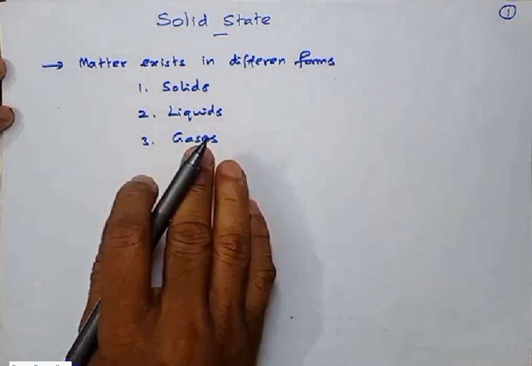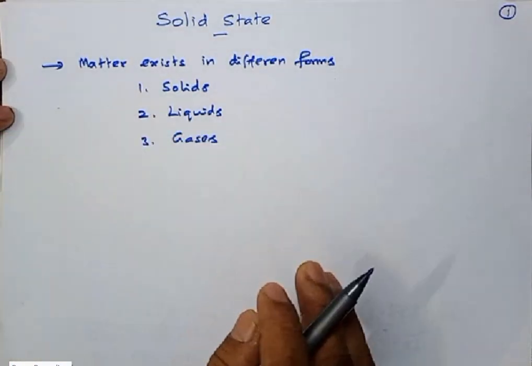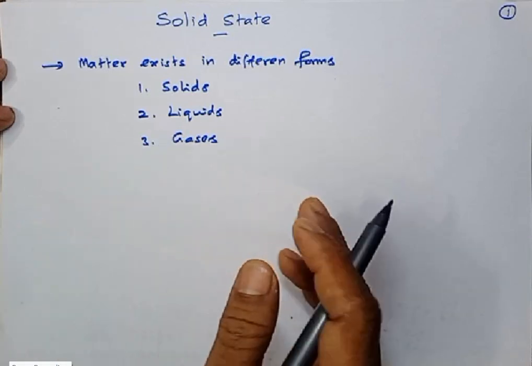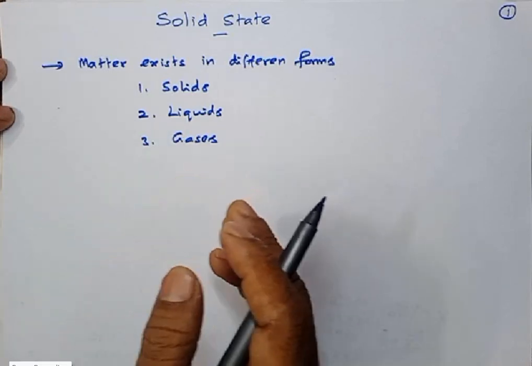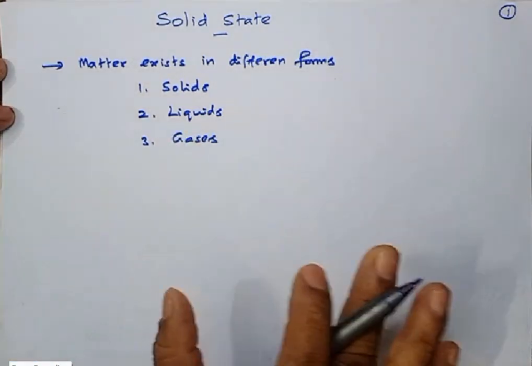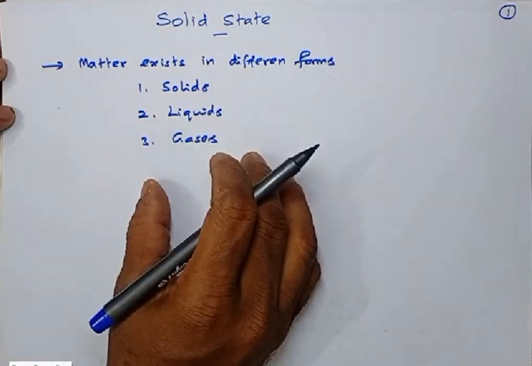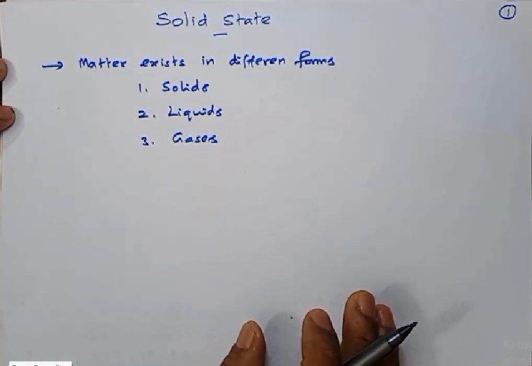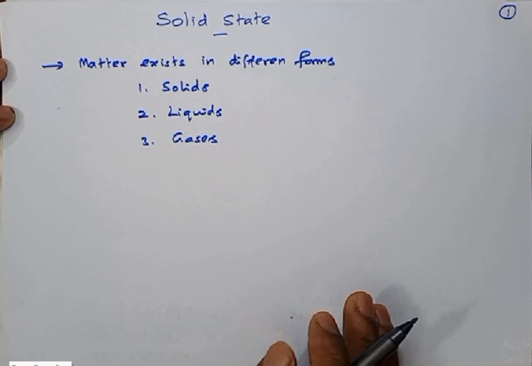Okay, apart from this we have other states like plasma state, and Bose-Einstein condensate also. So there are many states, but these three are the main states of matter. Okay, solids, liquids, and gases.